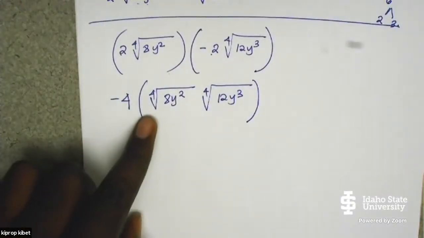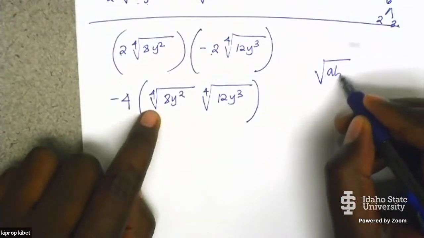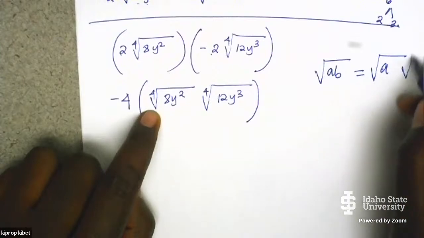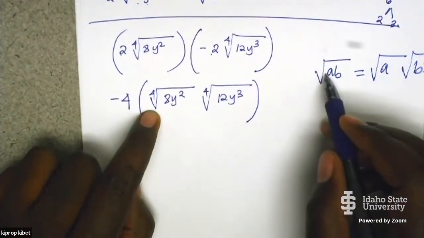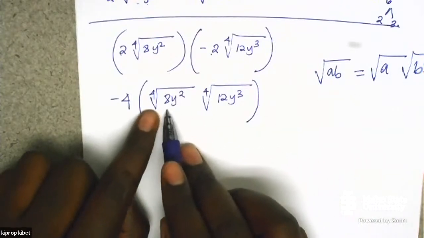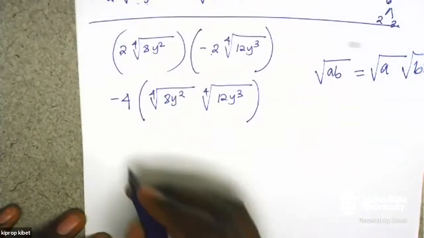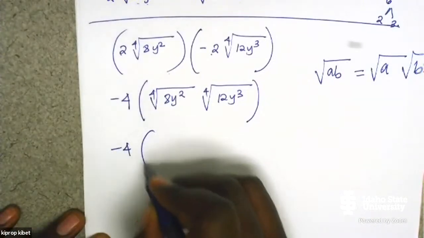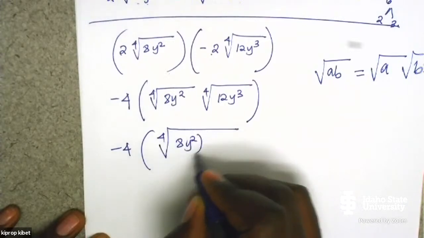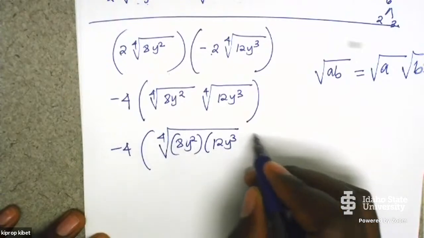Now, since this is like the root of AB equals the root of A times the root of B, and this root is the same, we can just combine this. So minus 4, the fourth root of 8y square multiplied by 12y cube.